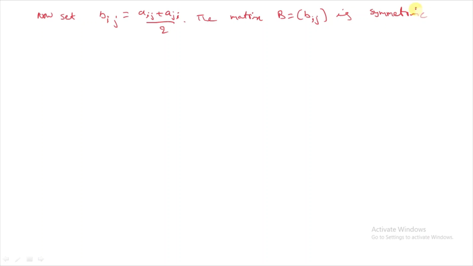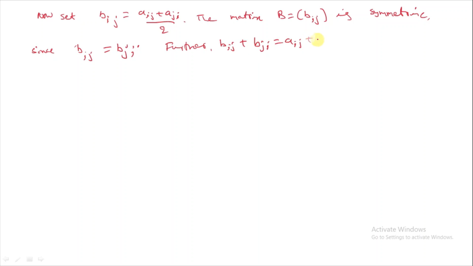Why is it symmetric? Since b_ij is (a_ij plus a_ji) over 2, which is the same as b_ji, that means b_ij equals b_ji. Further, b_ij plus b_ji is equal to a_ij plus a_ji; both are the same, so the summation is the same.